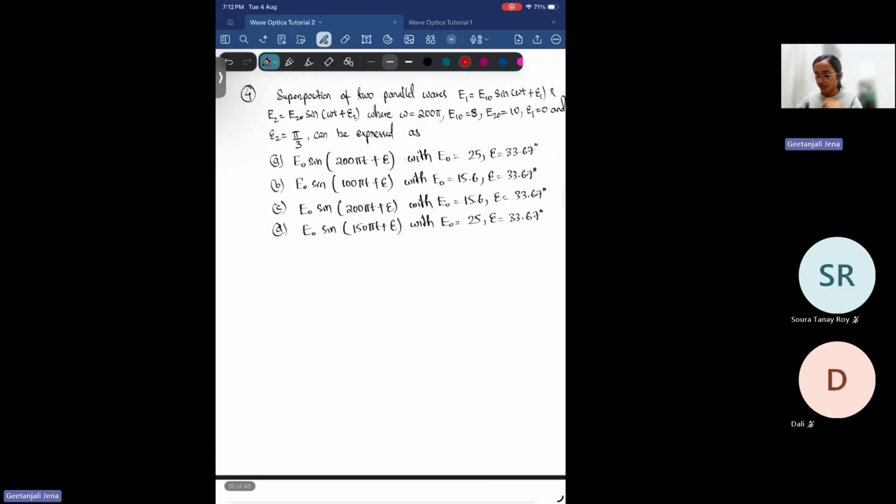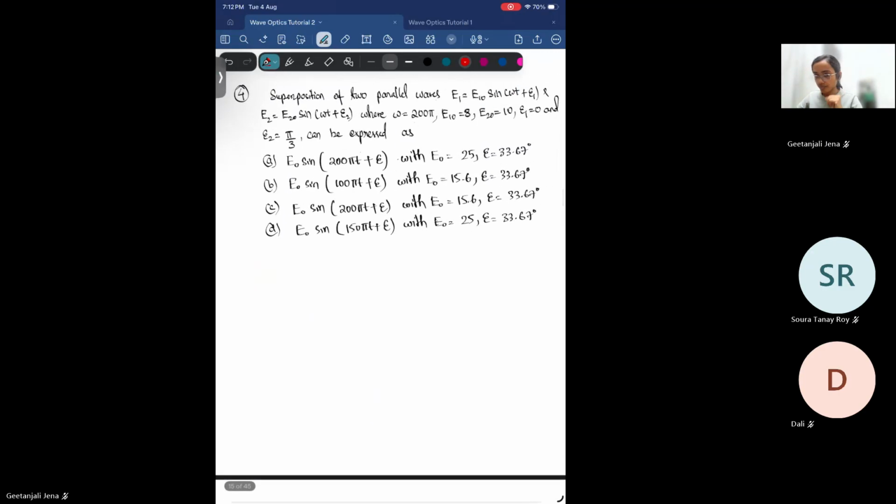Okay. Question number 4. The superposition of two parallel waves. It is given E1 is E10 sine of omega t plus epsilon 1, and E2 is E20 sine of omega t plus epsilon 2.